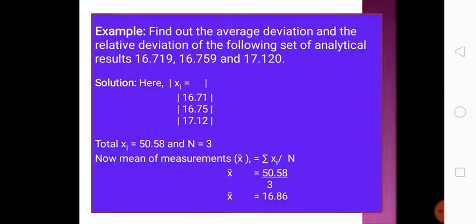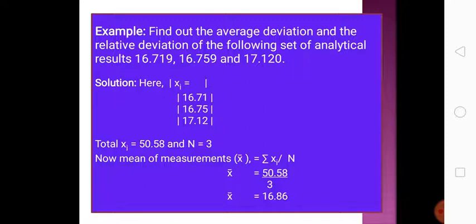For example, if we want to find the average deviation and the relative deviation of the following set of analytical results, here we have three analytical results: 16.719, 16.759 and 17.120.